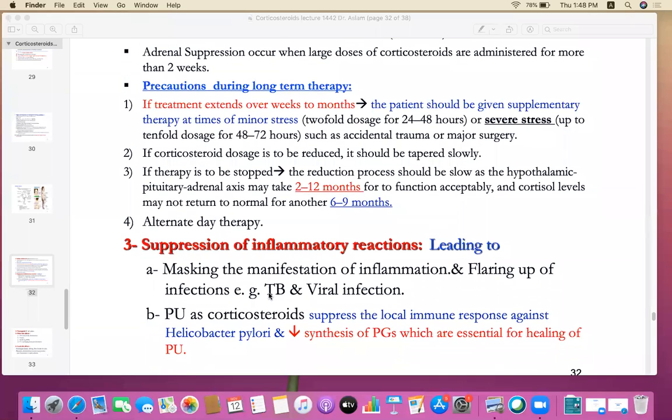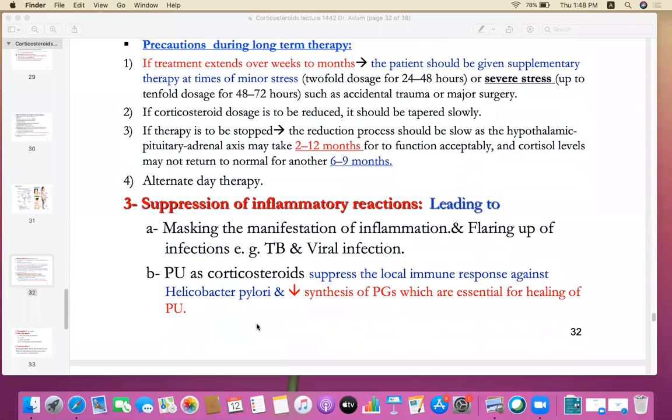There is also suppression of the inflammatory reactions. If the person takes the corticosteroid for the long term, it will mask infections, including tuberculosis and viral infection. It will mask the peptic ulcer. So there is suppression of the inflammatory reactions, because the patient doesn't feel any inflammation.